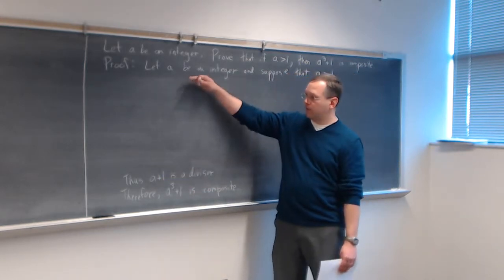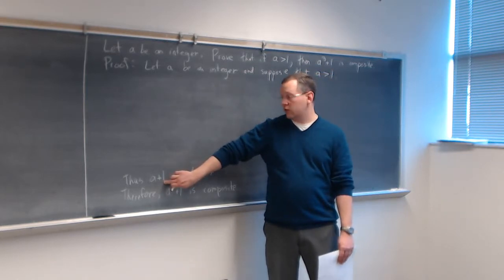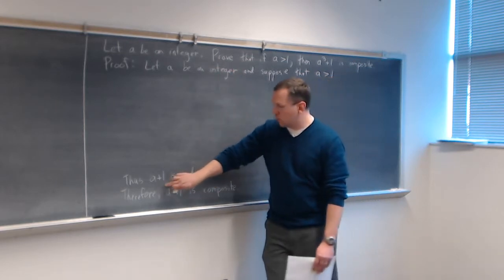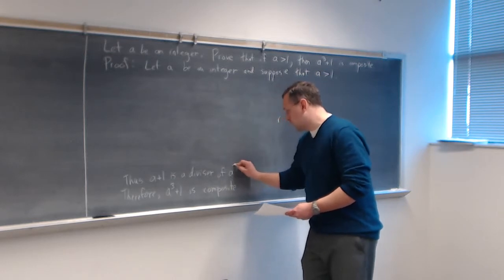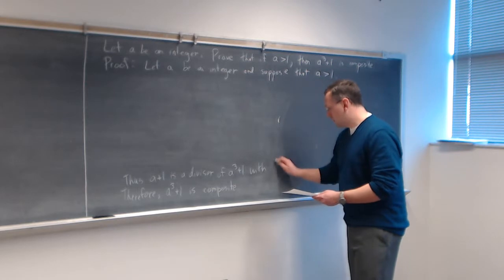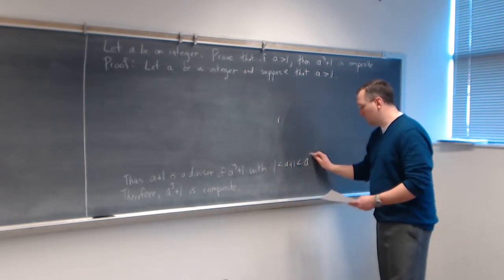So going forward, this is your guide. This is your divisor, and the rest of the proof is going to be showing that a plus 1 is a divisor of a cubed plus 1, with 1 less than a plus 1, which is less than a cubed plus 1.